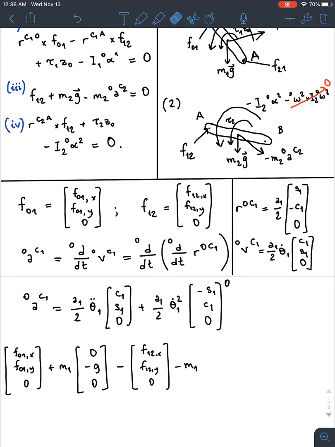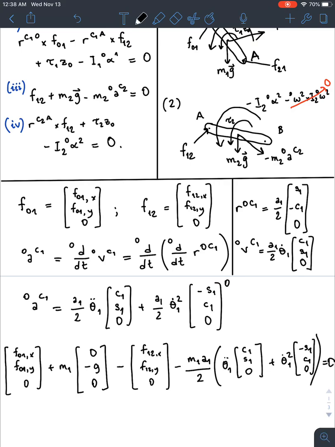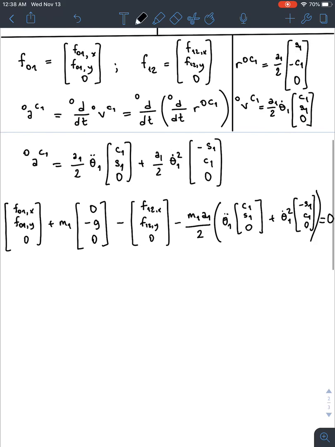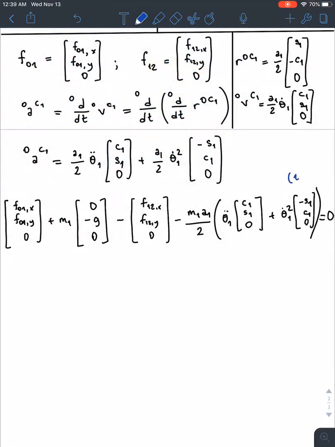And it's going to look like m1 a1 divided by 2 times theta 1 double dot (cosine 1, sine 1, 0) plus theta 1 dot squared (minus sine 1, cosine 1, 0). Everything equals 0. Okay, very good.